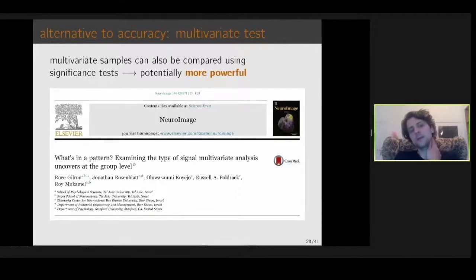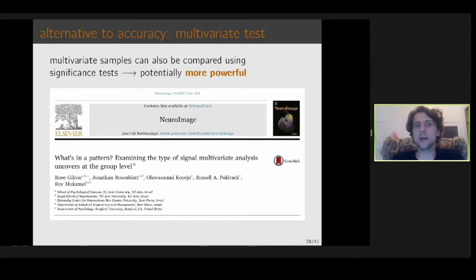If you are interested in an alternative to decoding accuracy, which is a very prevalent measure in machine learning based fMRI, you may have a look at this paper, which shows that multivariate samples can also be compared using significance tests.